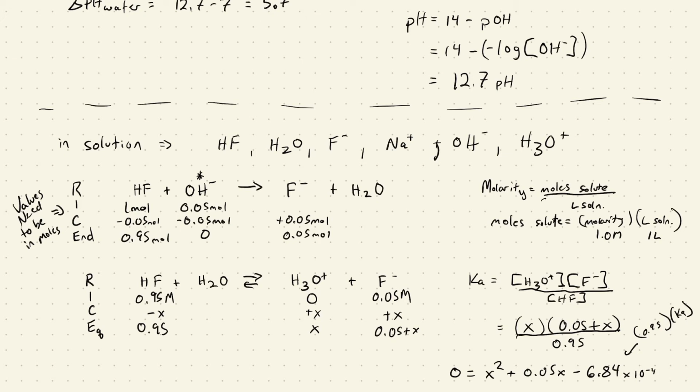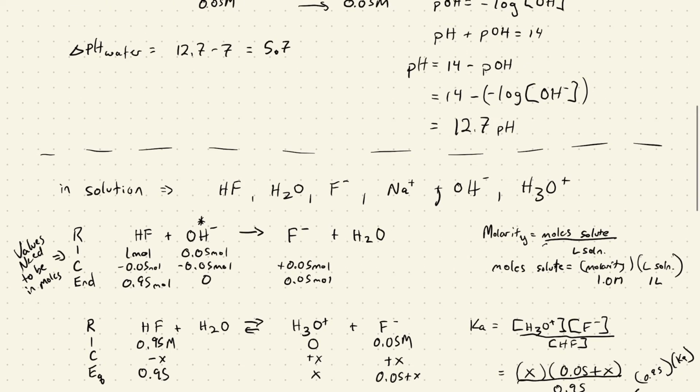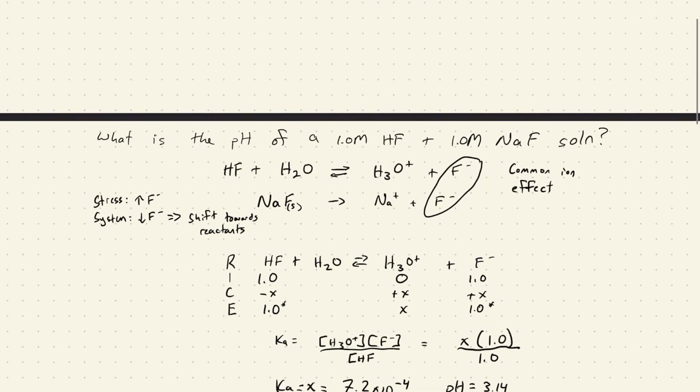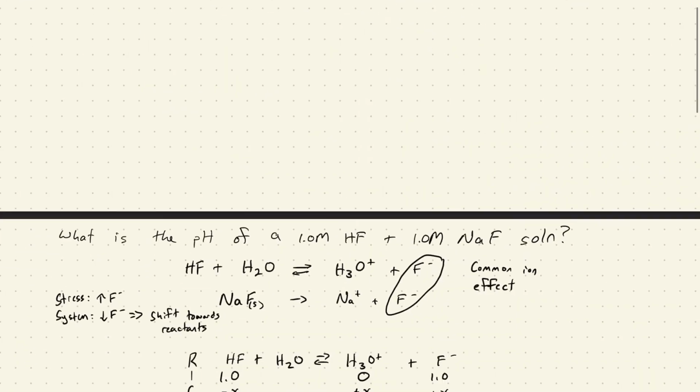Okay, so there's our equilibrium concentration for the hydronium ion, and we can get the pH of that, 1.95. So let's take a look at the change in pH for our acid solution. So our water solution had a change in pH of 5.7. Okay, our acid solution, we went up to 1.95 from our starting pH of 1.57.